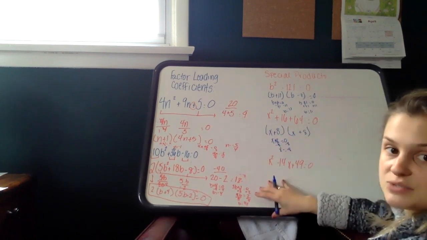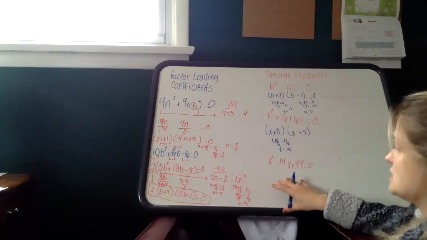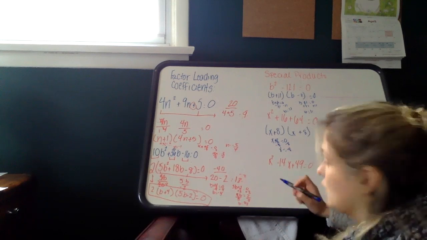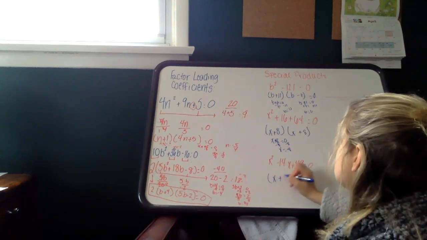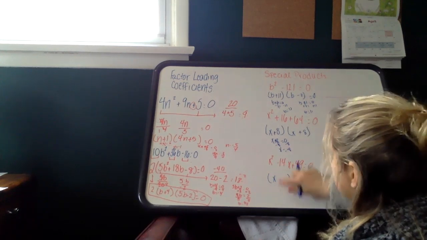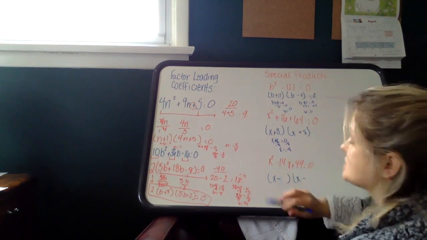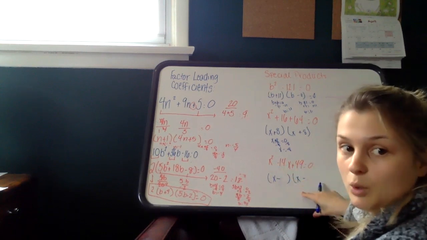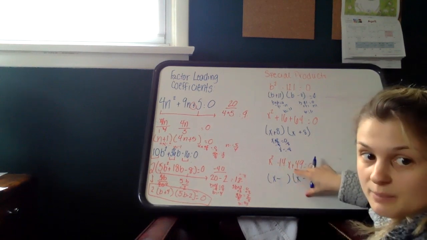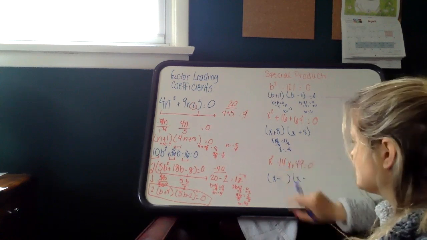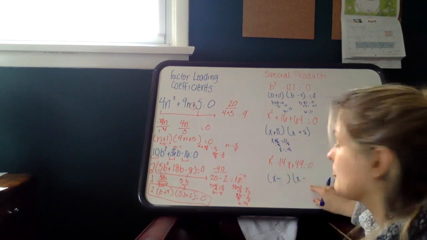And now for this last one, x squared minus 14x plus 49. So this is going to be x plus, nope, just kidding, it's going to be x minus and x minus. Because negative numbers multiplied together gives you positive, but then negative numbers added together gives you the negative, okay? So that's why they're both subtraction, okay?